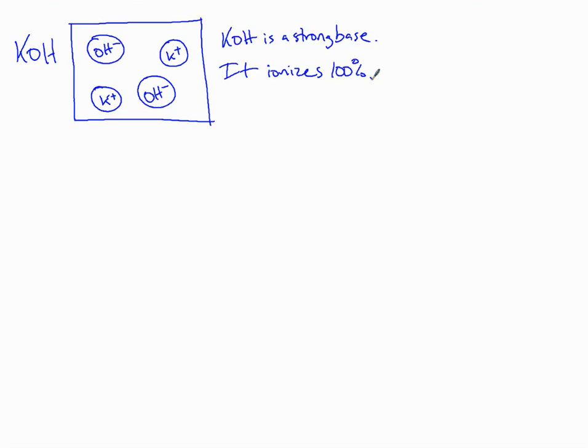So every KOH that gets put into water is going to turn into a potassium ion and a hydroxide ion. There will not be any KOHs together in the solution. So if you were to put it in water, it would look like this: all of the KOH becoming potassium and hydroxide ions.